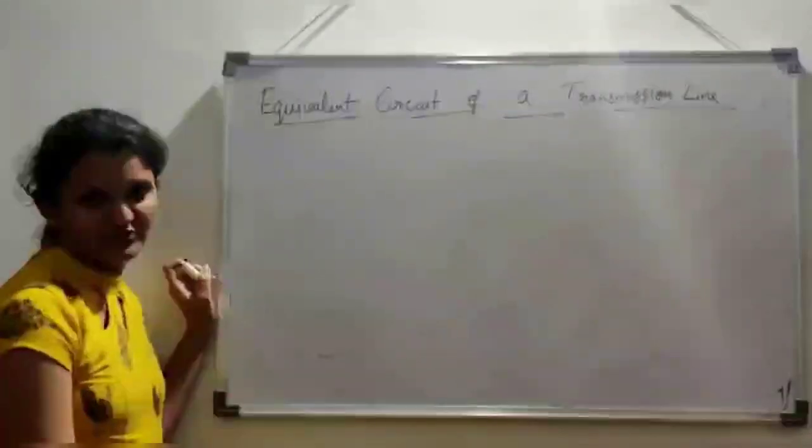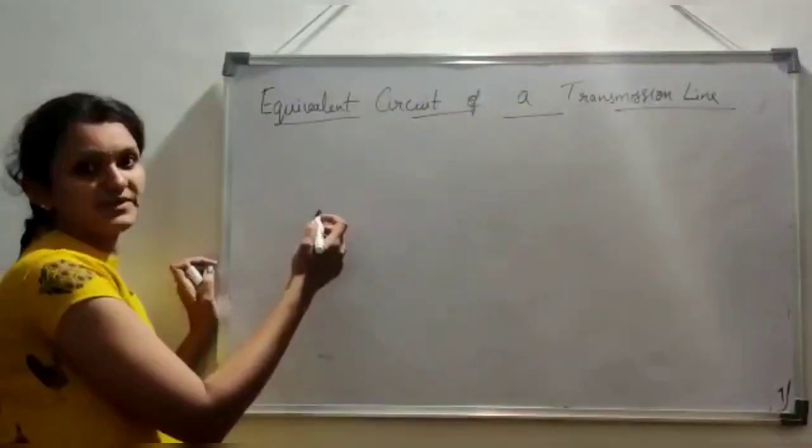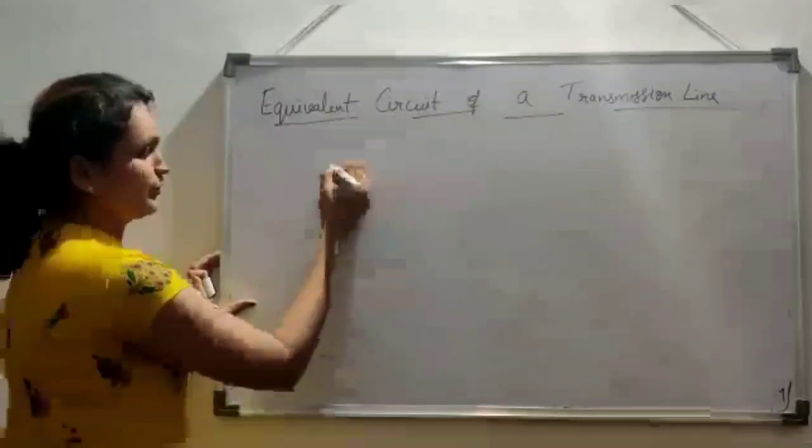Equivalent circuit of a transmission line. So we usually represent it in the nominal pi method. So I am going to draw the same.